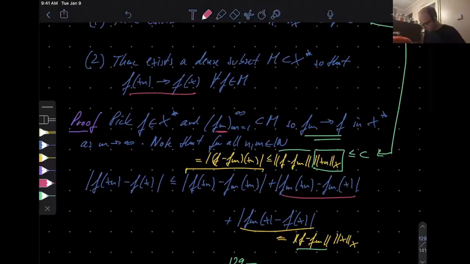So this here, for a fixed m, as n goes to infinity, goes to 0 because of the assumed weak convergence on the dense subset M in the dual space, right? So now you have everything that you want, and the left-hand side does not depend on m, so you first do the epsilon thing.